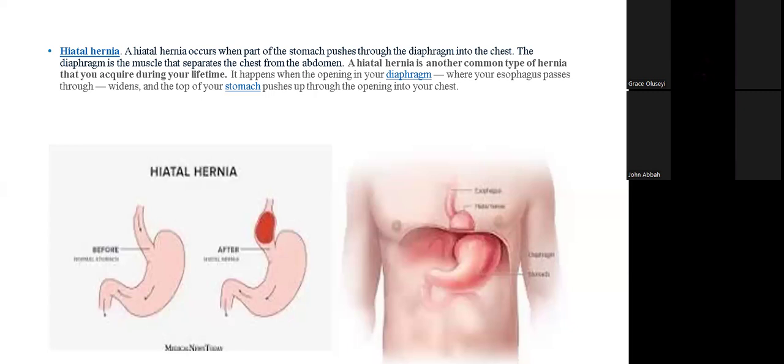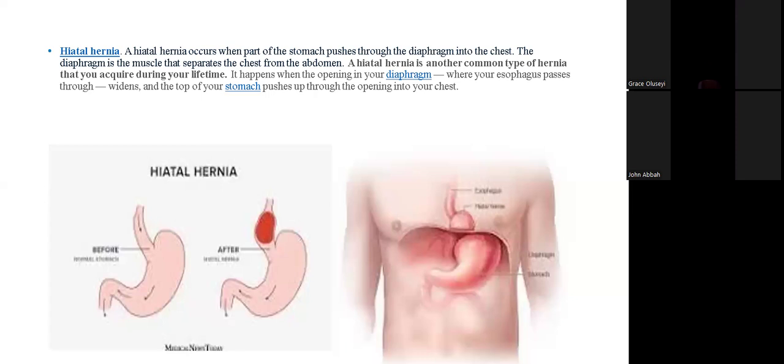So once you have that kind of swelling on top of the diaphragm, the medical doctors know that they are looking at another type of hernia known medically as hiatal hernia. Now, it happens a lot. Doctors have seen cases like this, so it is not rare at all.